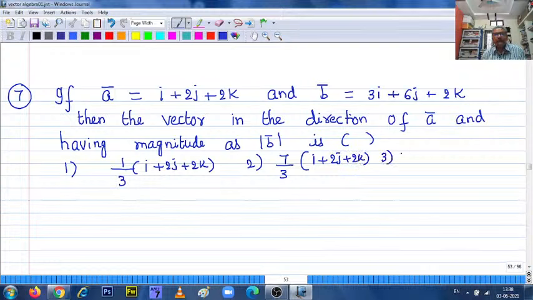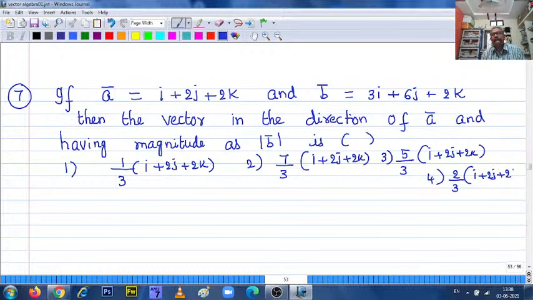Third one: 5 by 3 times i plus 2j plus 2k. Fourth one: 2 by 3 times i plus 2j plus 2k. This is the question. Right.